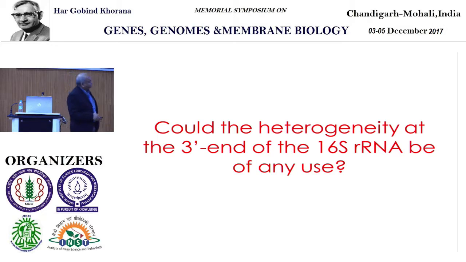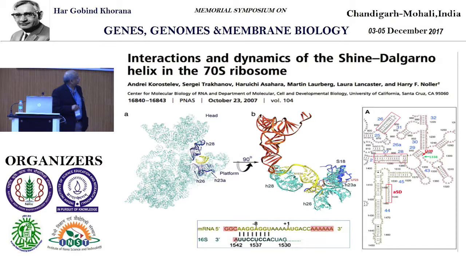If so, could the heterogeneity at the 3' end of the 16S RNA be of any use to the cell? That is the question that arises. We started looking at this. There's a paper published by Harry Noller, showing that in the 16S rRNA you have helix 28 and helix 23.